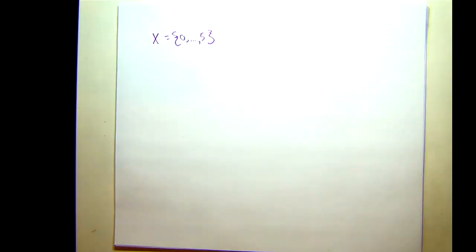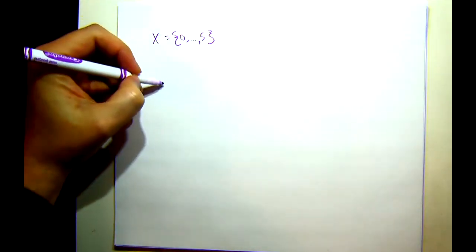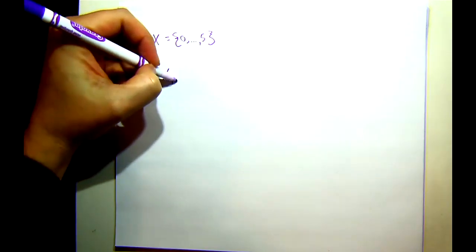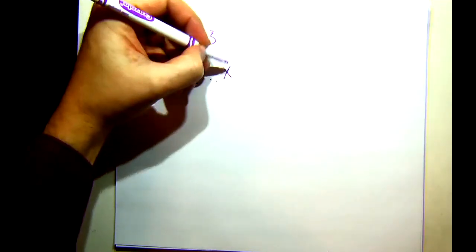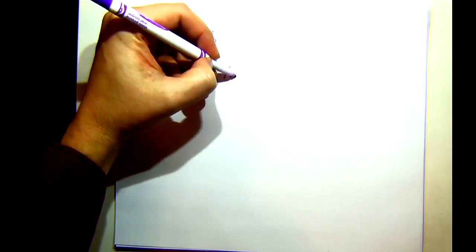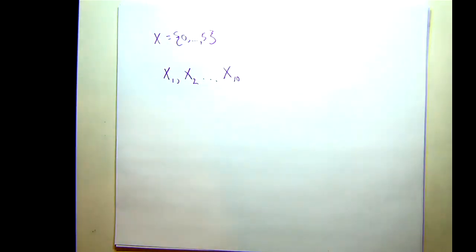And then a Markov chain is a sample of those random variable states over time. So you might have some x1, x2, up to x10, let's say. And each one of those x's is going to be a sample from that set 1 to 5.